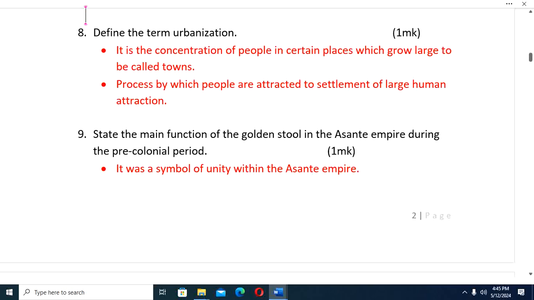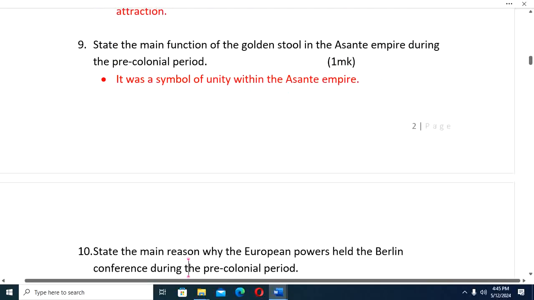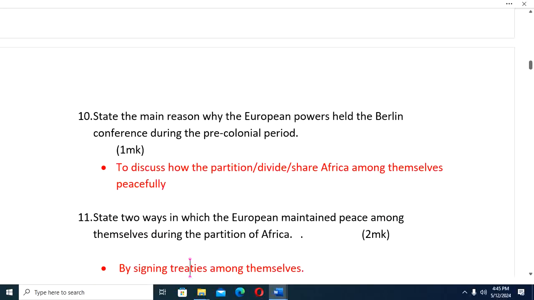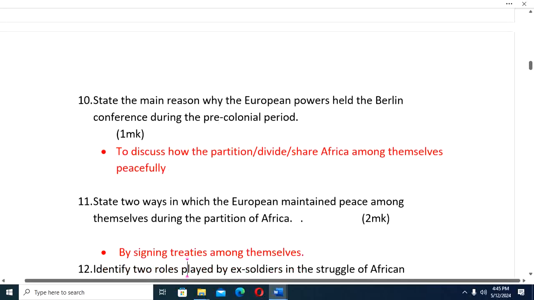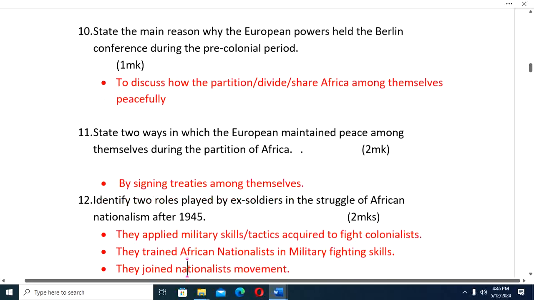Number 9, you're told to state the main function of the golden stool in the Asante Empire during the pre-colonial period. It was a symbol of unity within the Asante. Number 10, state the main reason why the European powers held the Berlin Conference, to discuss how to partition or divide Africa among themselves peacefully.